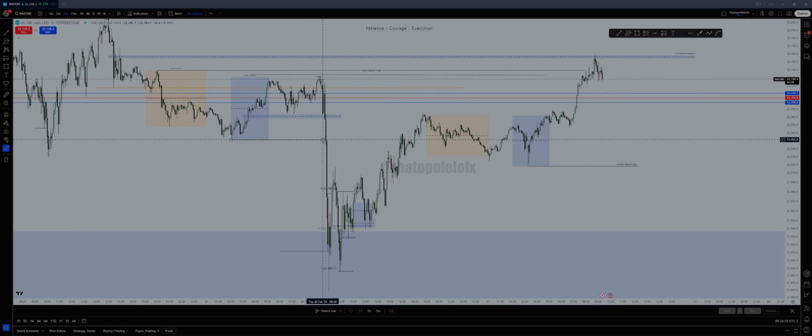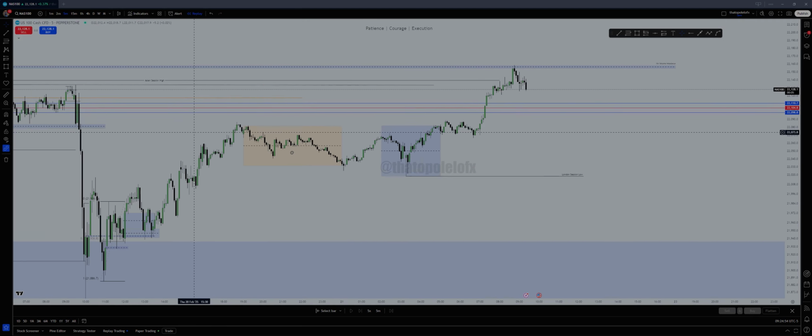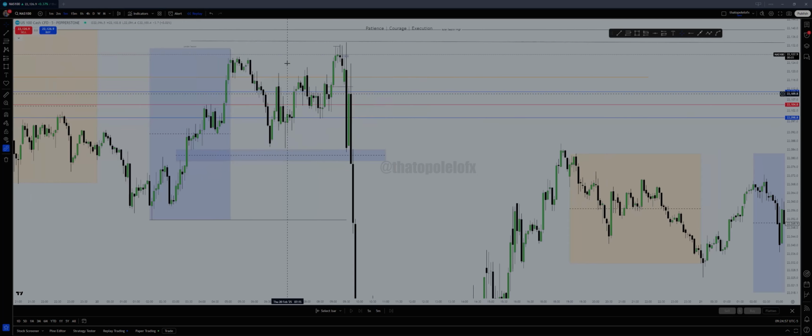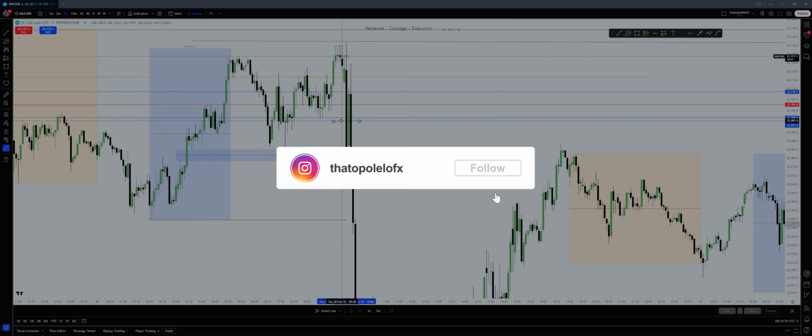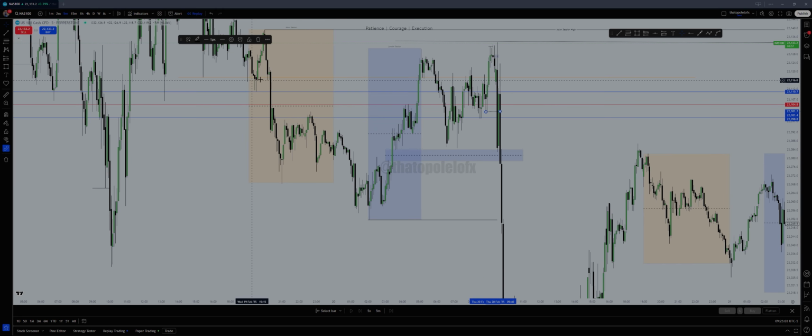You don't have to always be using it, because even on this trade, there was a lot of confluences. Initially, price was on a 1 hour fair value gap.